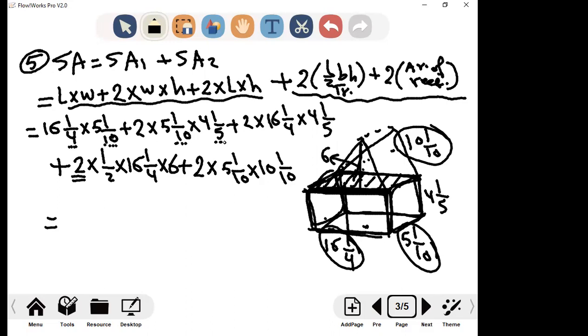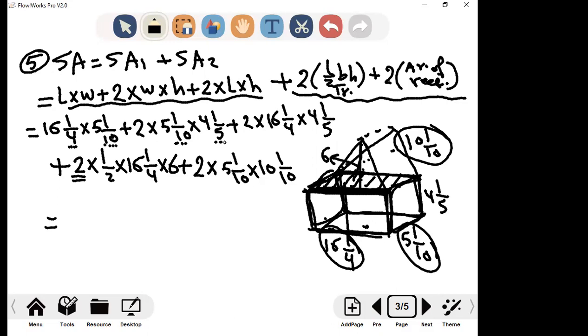So 1 over 4 is 0.25. So this number I will write as 16.25. Okay. I think most of you use the calculator of the mobile. Now, most of the calculators for the mobile do not have fractions and mixed numbers, so you need to use decimals here.